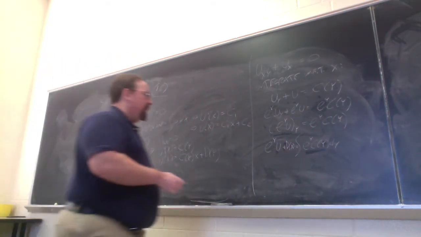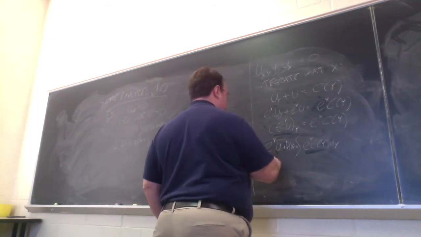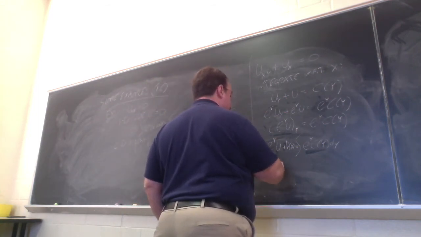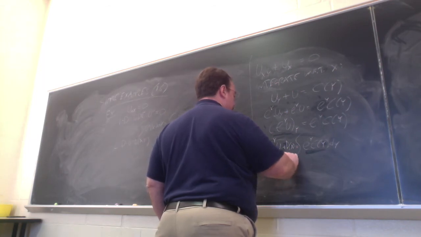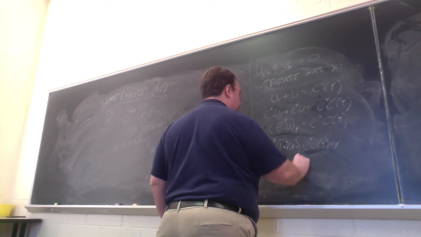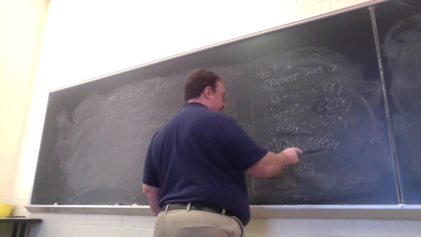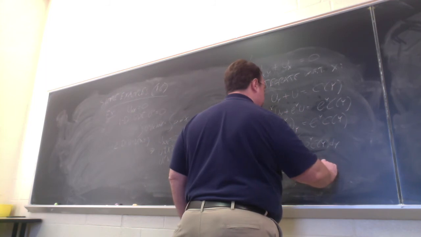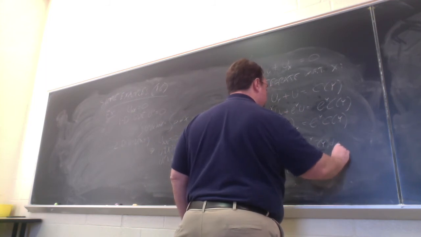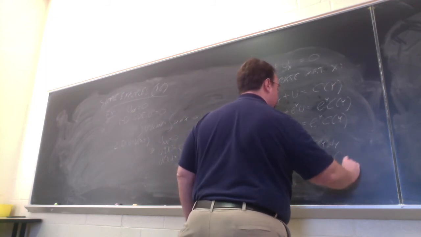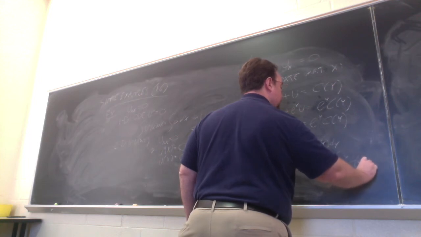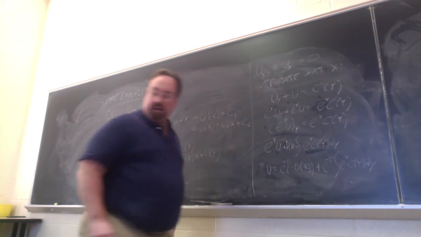So now I can say that u, if I isolate u, is going to be e to the minus y times minus d of x, moving that to the other side, plus e to the minus y times the integral of e to the y c of y dy.